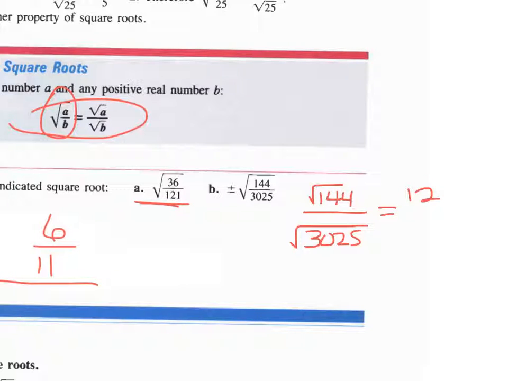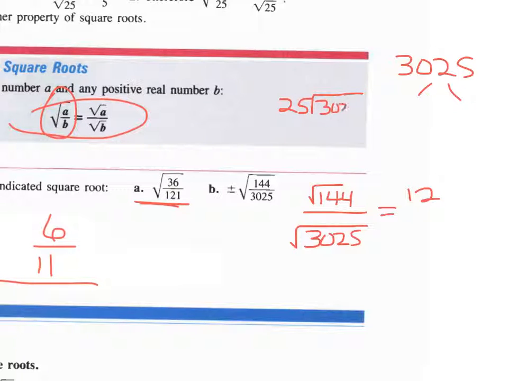However, this 3025, chances are you wouldn't know that it's 55 times 55. So what I would do here is I would do the factor tree for 3025. And again, I know I could divide this by 25.